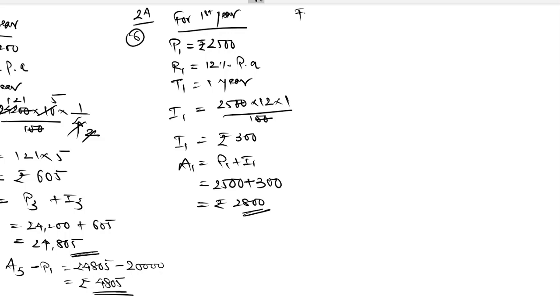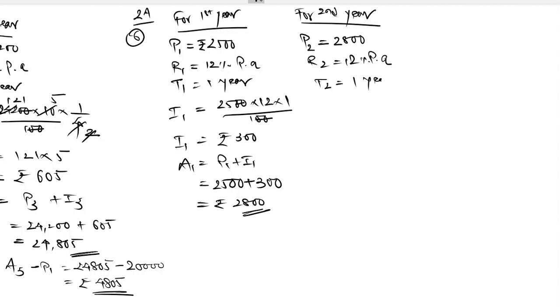For second year, P2 is equal to A1, that is 2,800. R2 is 12% per annum. T2 is again 1 year. So I2 will be 2,800 into 12 into 1 upon 100.